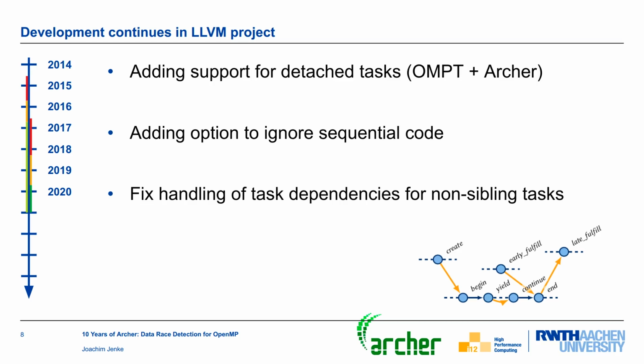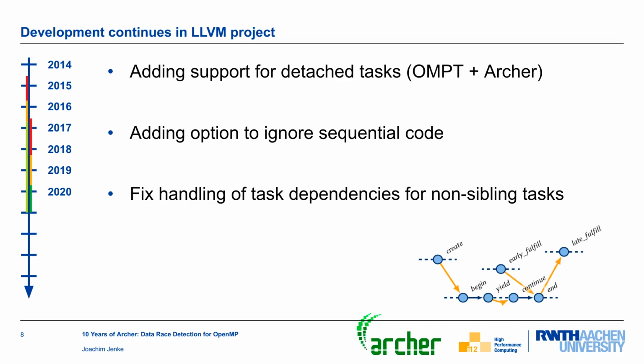This helps if you have a longer serial initialization in the program and still want to detect data races after this serial initialization. Without this optimization, you would increase the serial initialization time by even 10 times and then would have to wait for the results from the parallel execution.